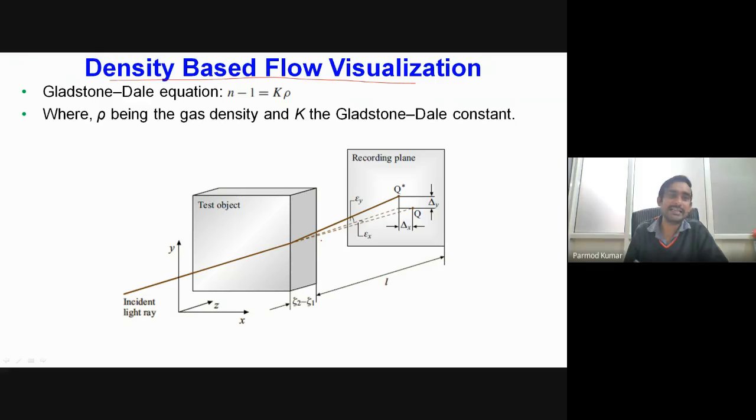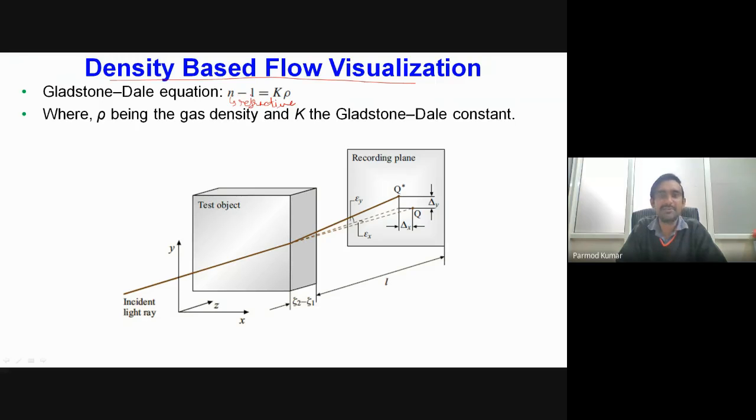The general idea over here is that density has a direct dependence on refractive index. This N over here is nothing but the refractive index of the fluid medium. Based on the Gladstone-Dale equation, you can see that refractive index is related directly to the density field.